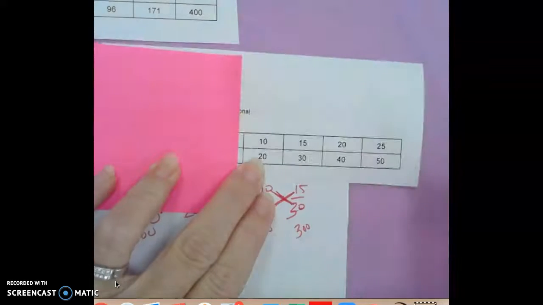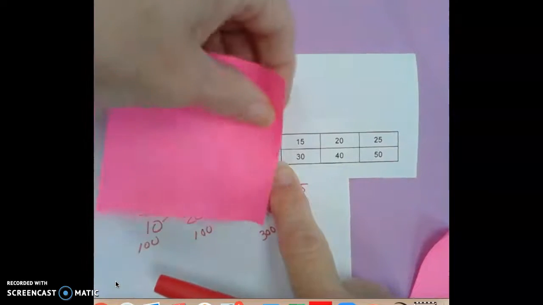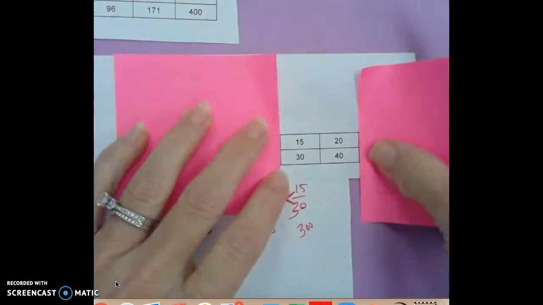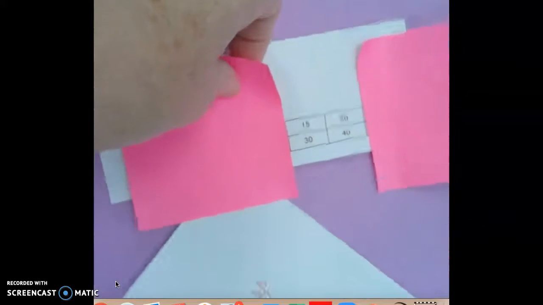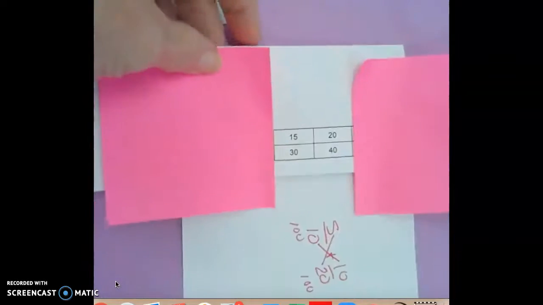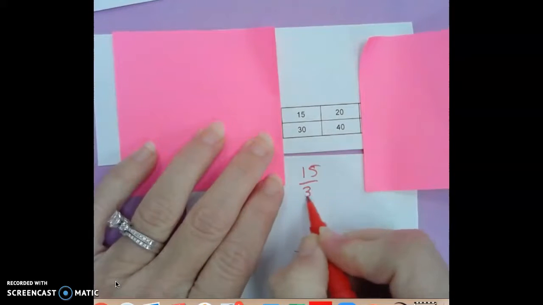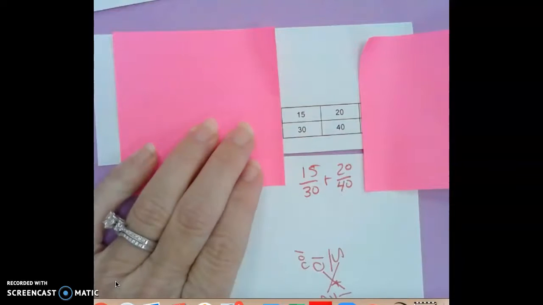Okay? So if I go to the next proportion, all I'm going to do is slide this over one, and you just keep going step by step. So now we've got this proportion. I'm going to have to move my sticky notes all around. I kind of got a mess here, don't I? So now I've got 15/30 and 20/40.